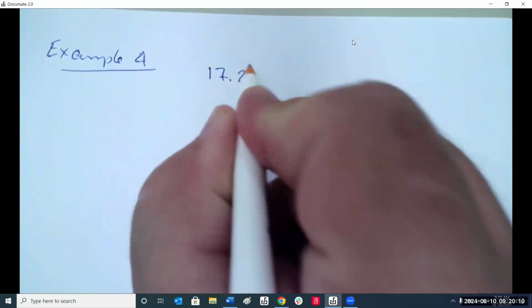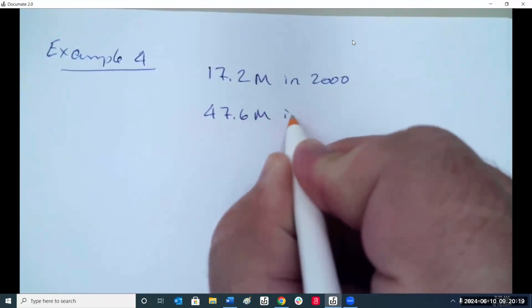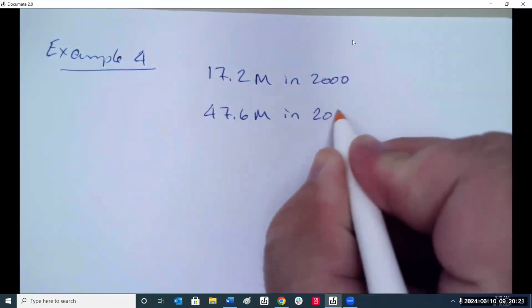We know that there was 17.2 million in 2000, and it jumped up to 47.6 million in 2013.